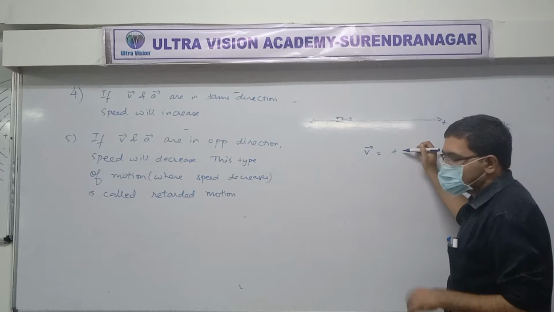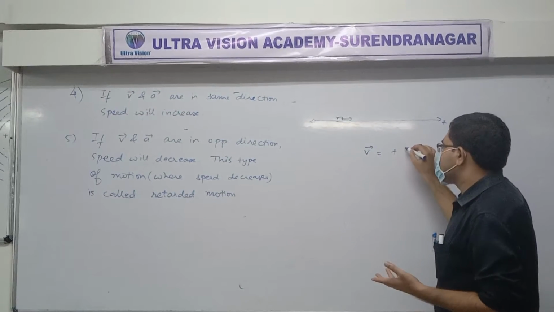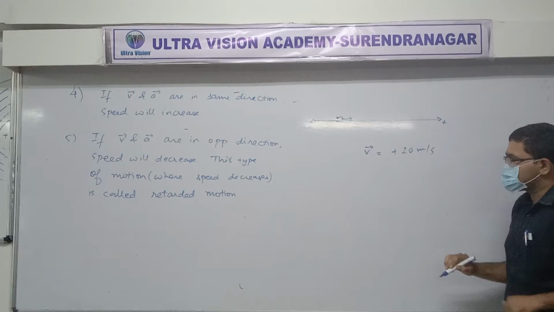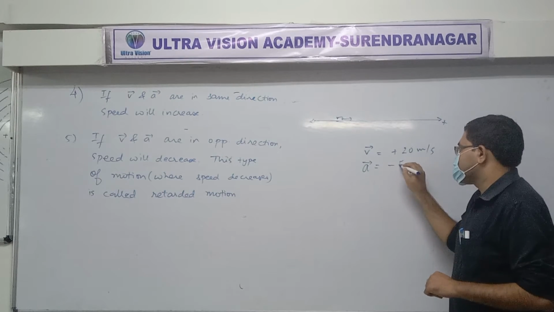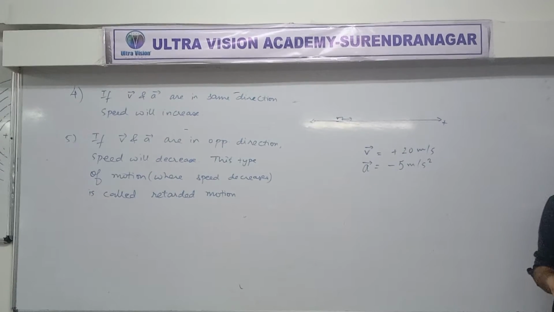Now if velocity is positive, suppose it is plus 20 meter per second. That means 20 meter per second towards the right side. And let's say acceleration is minus 5 meter per second square. The unit of acceleration is meter per second square.